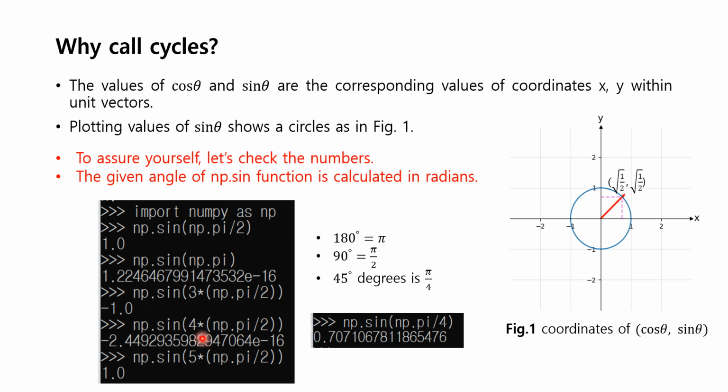And for 360 degrees, it's 0 again. And for 90 degrees more, you come here, and when it rotates 90 degrees more, it's 0, 1, and the value is again 1.